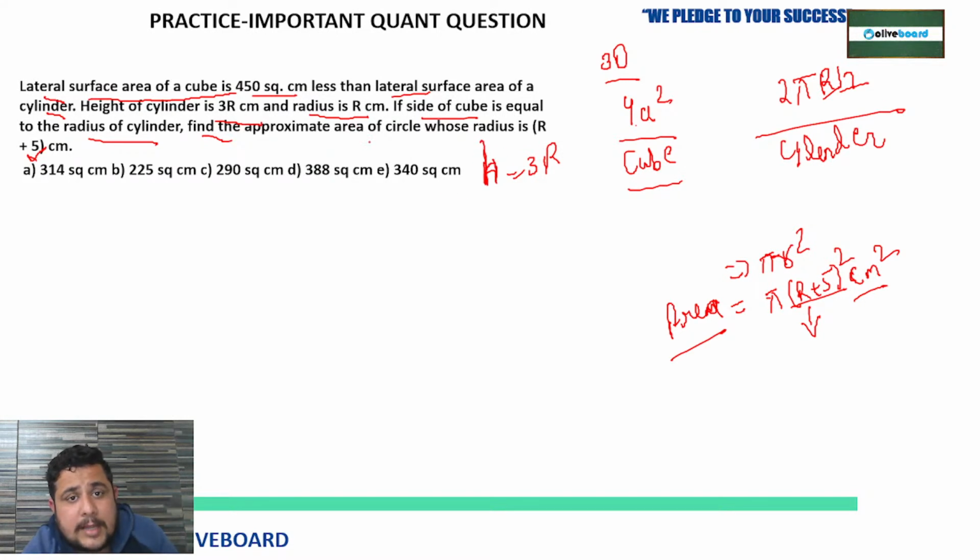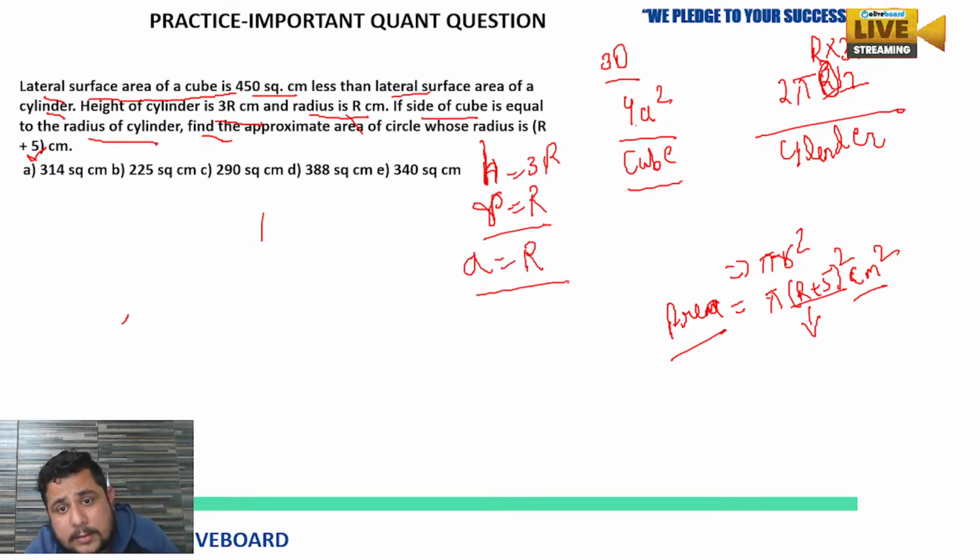And radius is r. Remember this: r is the radius and h is 3r. Now, what else is given? If the side of the cube is equal to the radius of the cylinder, means a is equal to r, then find the approximate area of the circle.